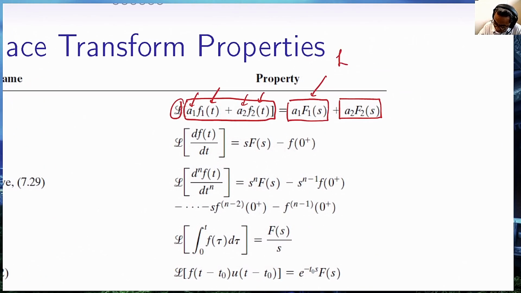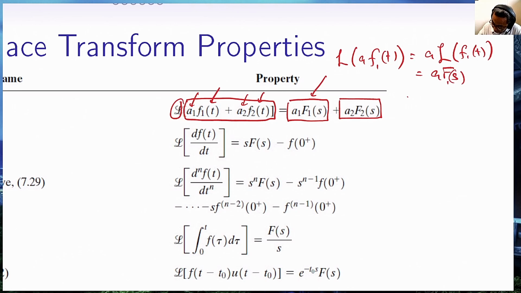The Laplace transform of a1 f1 of t is equal to a1 times the Laplace transform of f1 of t, which is a1 F1 of s.